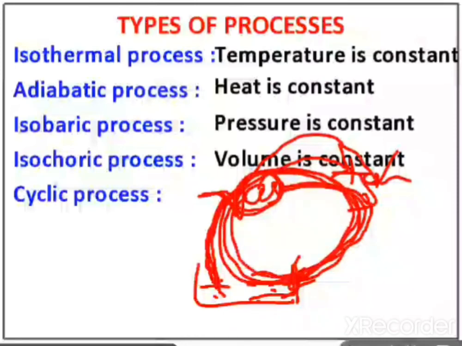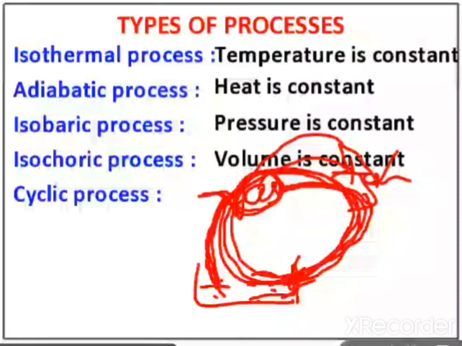Cyclic process means now what? From the position, or from the state from where we have started the reaction, we'll come into that position. For example, if temperature was 10 degree, after heating, what will we do? 10 degree, heat this substance, temperature is 20 degree, cool this substance, temperature is 10 degree.